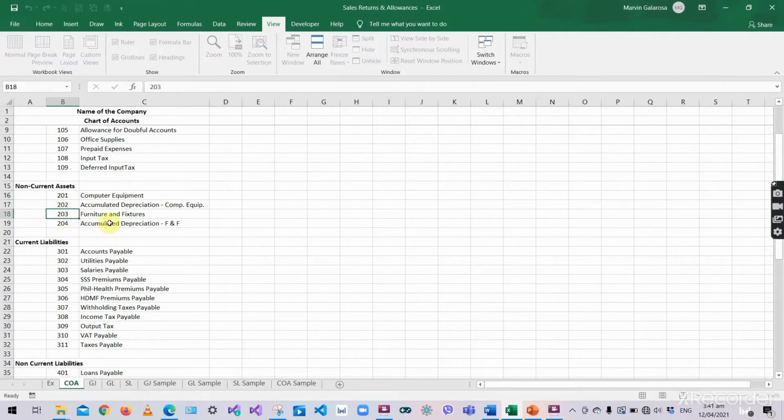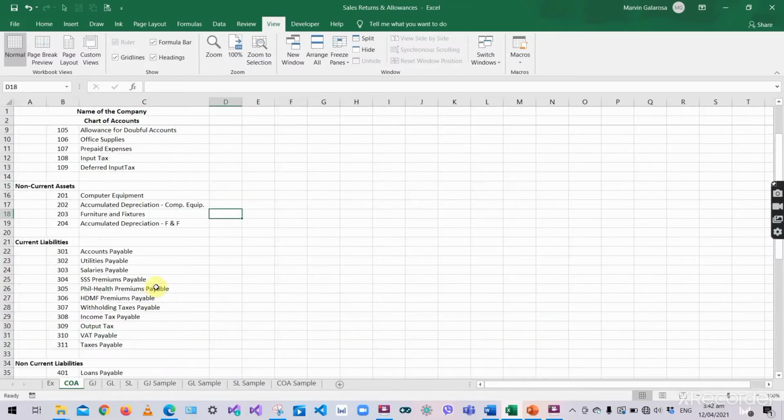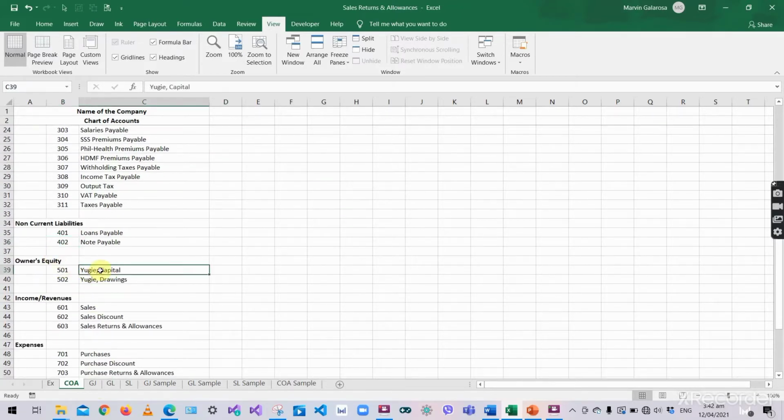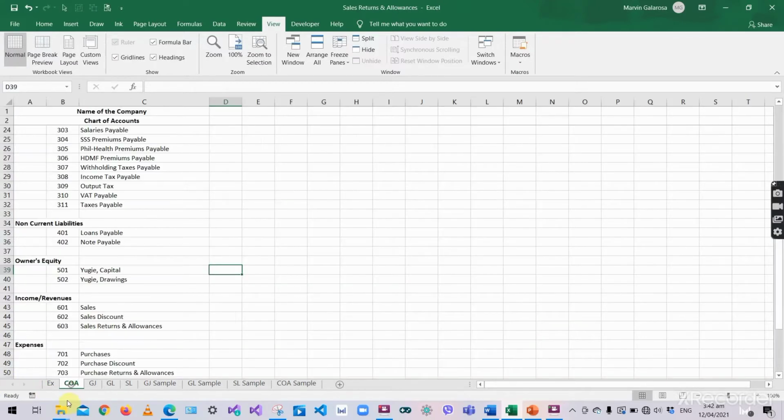Furniture and fixtures, 203. QG Capital, account number 501. Yugi Drawings, 502.